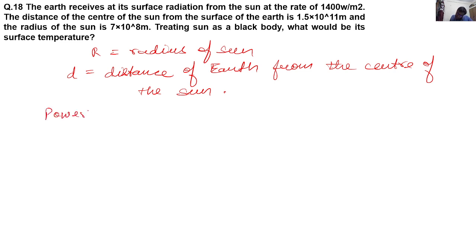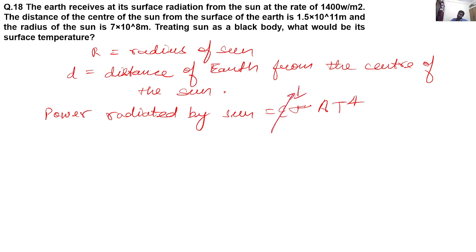So the power radiated by the sun is sigma A times T to the power 4. Epsilon is equal to 1 for the sun, as we used in the previous question. So I'm not even writing epsilon for the time being. It would be actually epsilon, and epsilon is equal to 1. So we don't even need to write epsilon, and this would be equal to sigma A is 4 pi R square times T to the power 4.